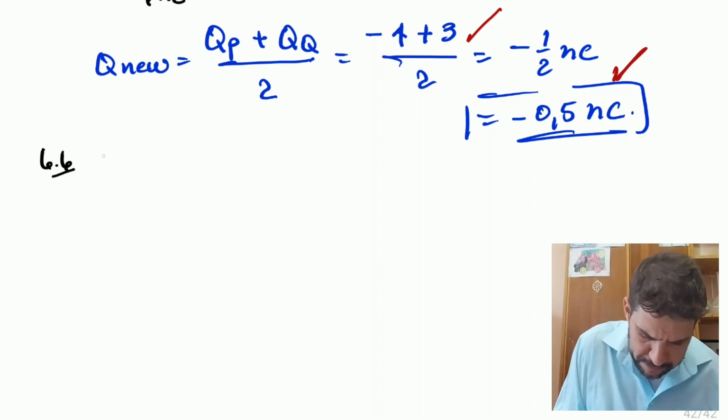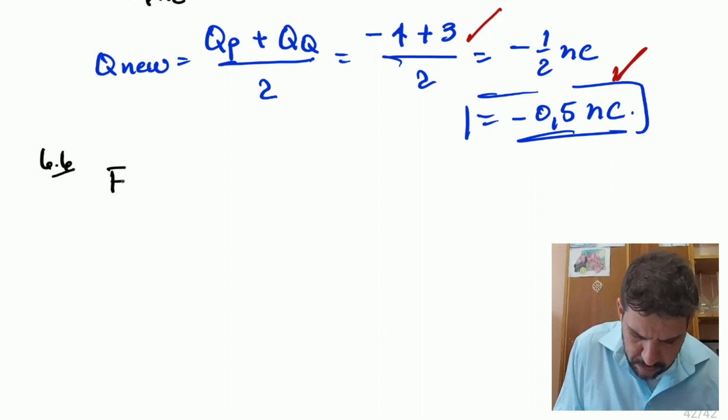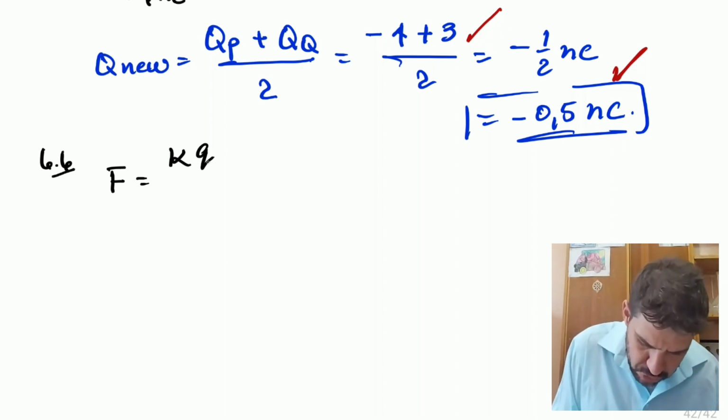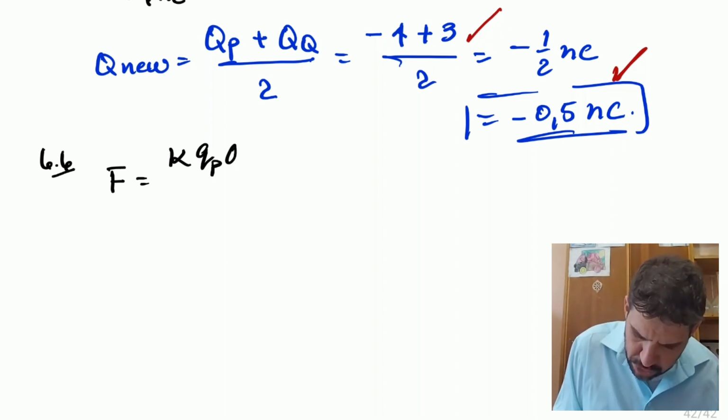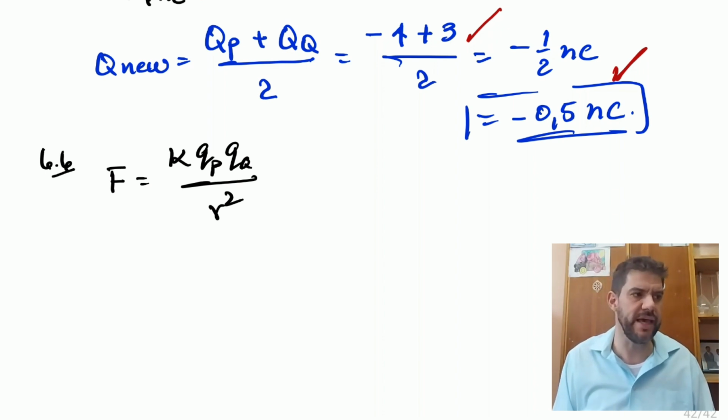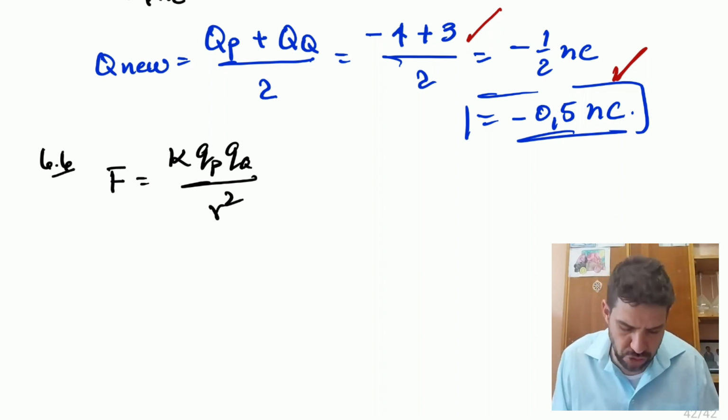So Coulomb's law is F equals K times Q P, you can use Q1 if you want, times Q, divided by the distance squared. That is the one. And then the formula is given to you, the constant is given to you.